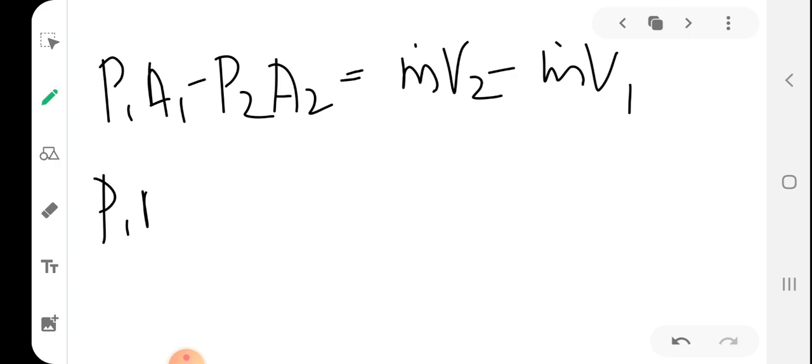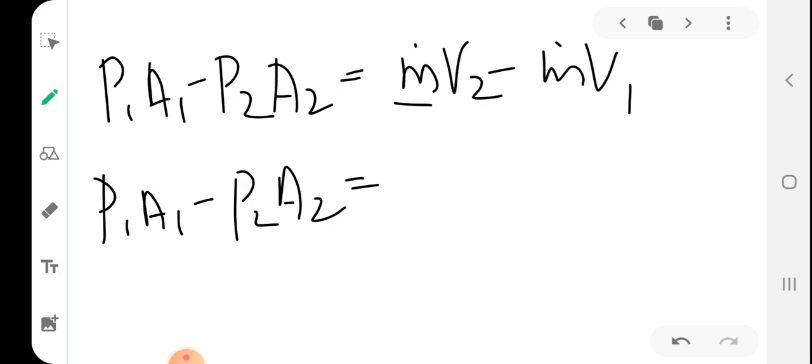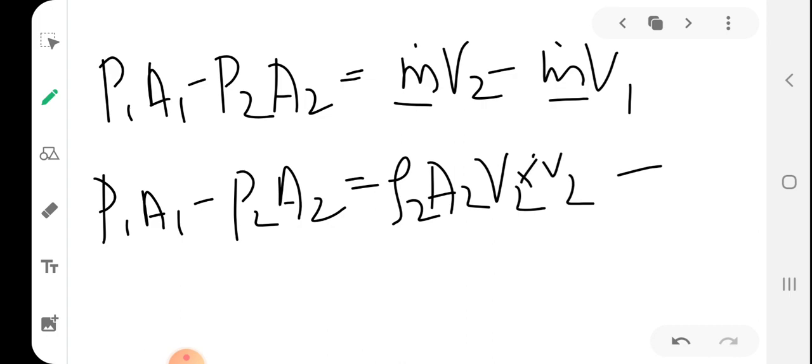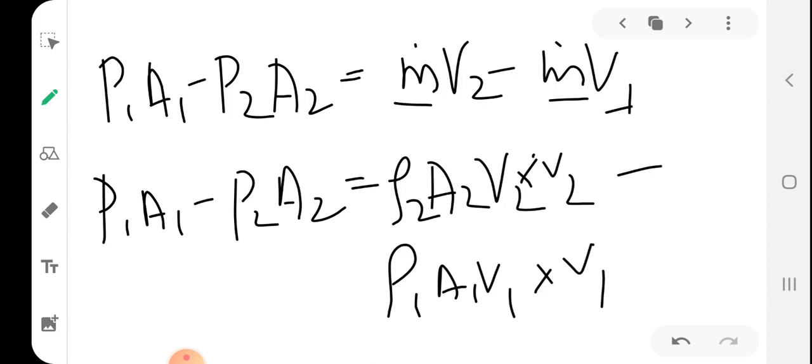So you can write P1A1 minus P2A2 as, since m dot is nothing but rho AV, m dot here I am writing as rho 2 A2 V2 into V2 minus rho 1 A1 V1 into V1.